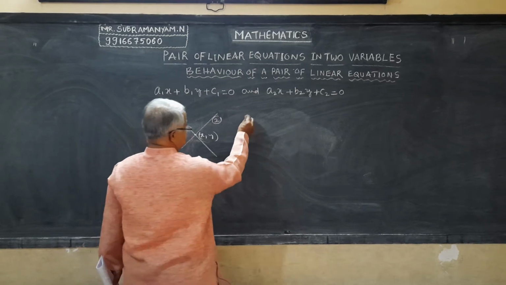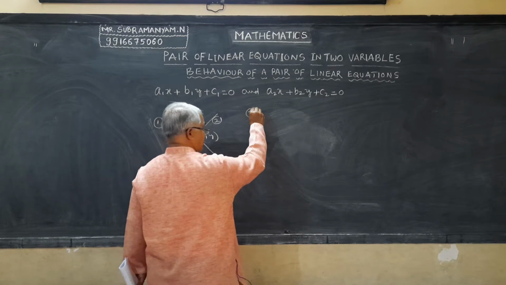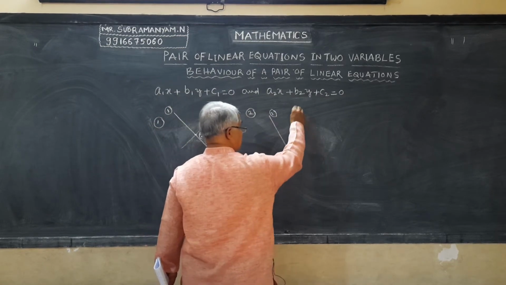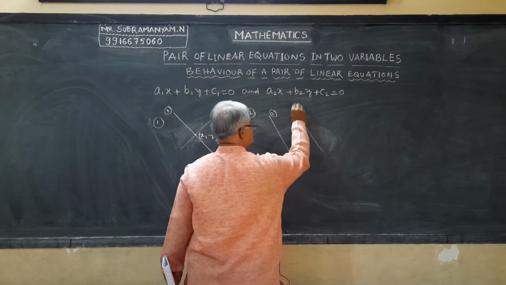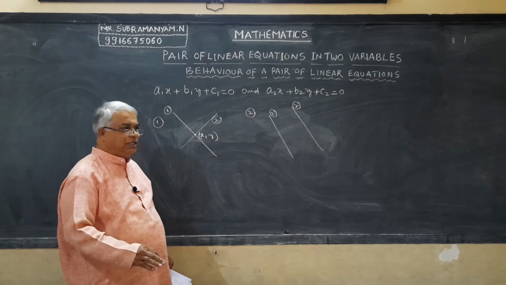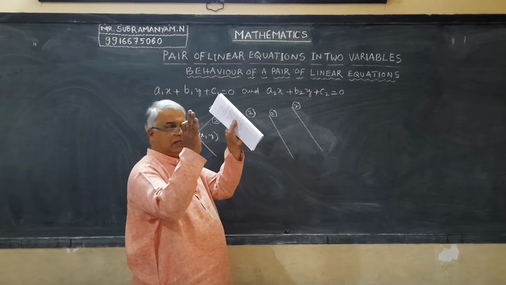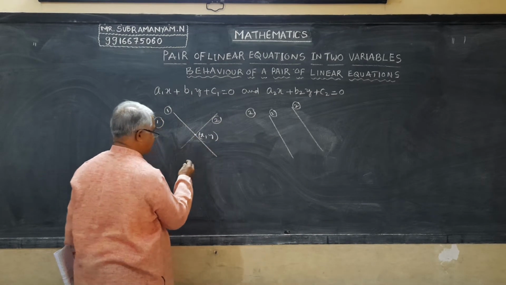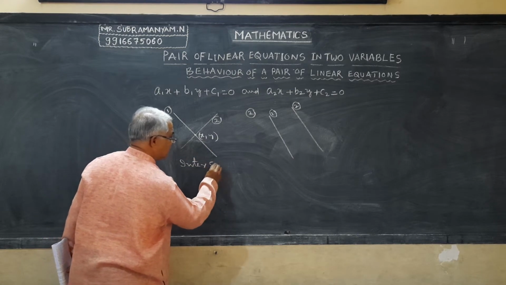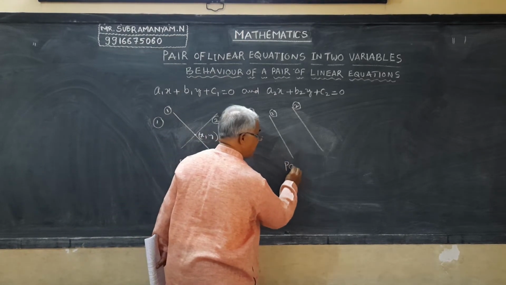Next, second variety. This is the first line and another line. Here, these two lines never meet at all. They are parallel. Here, they intersect. Here, the lines are parallel.